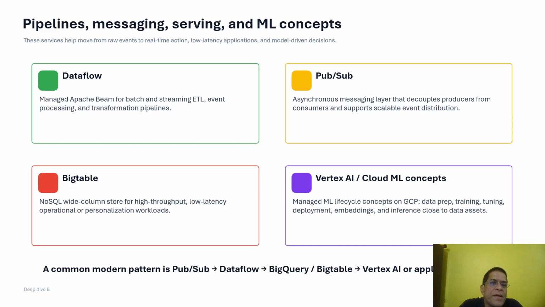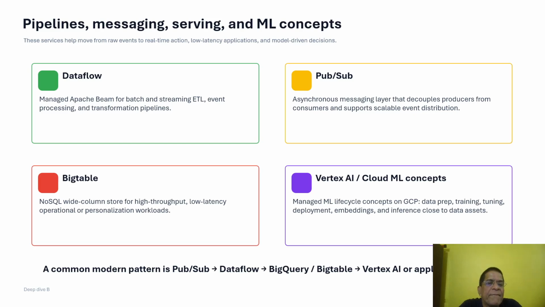Managed Apache Beam for batch and streaming ETL. Dataflow: once you are getting data from your application layer, the Dataflow platform will give you Apache Beam for batch and streaming ETL. ETL means what?